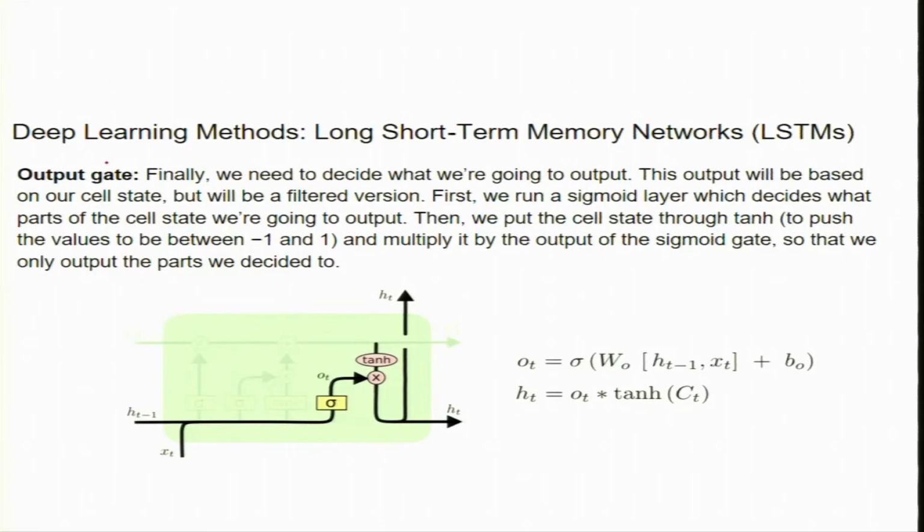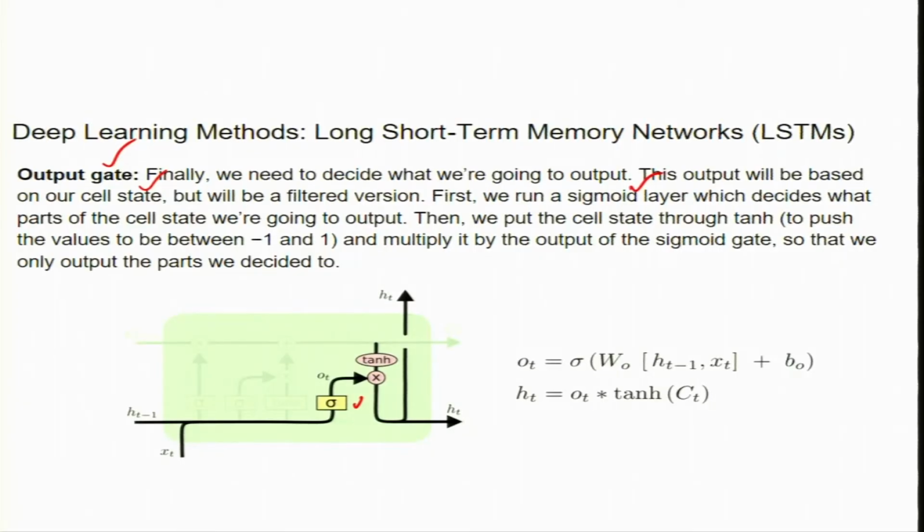Now, the output gate of the LSTM. Finally, we need to decide what we are going to output out of the cell. This output will be based on our cell state, but will be a filtered version. First, we run the sigmoid layer which decides what parts of the cell state we are going to output.